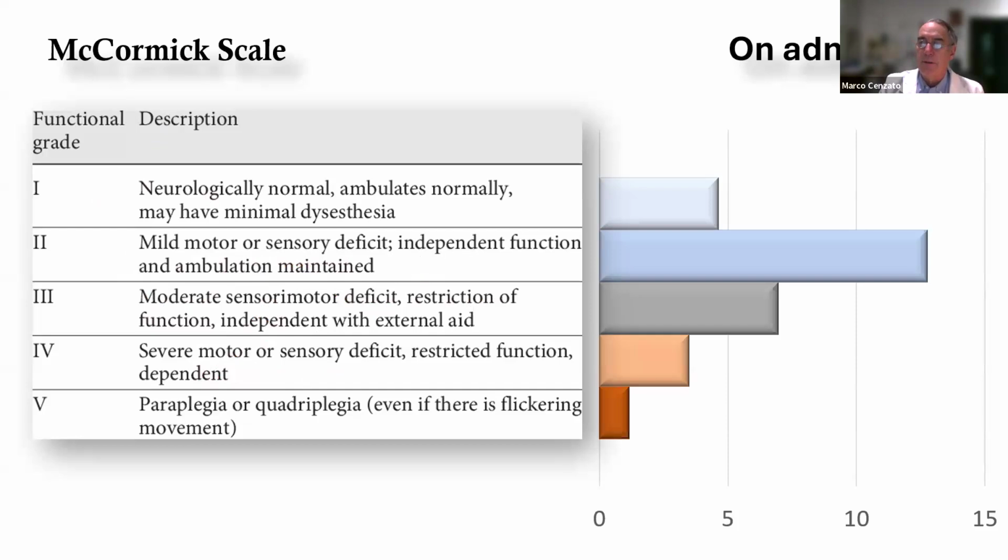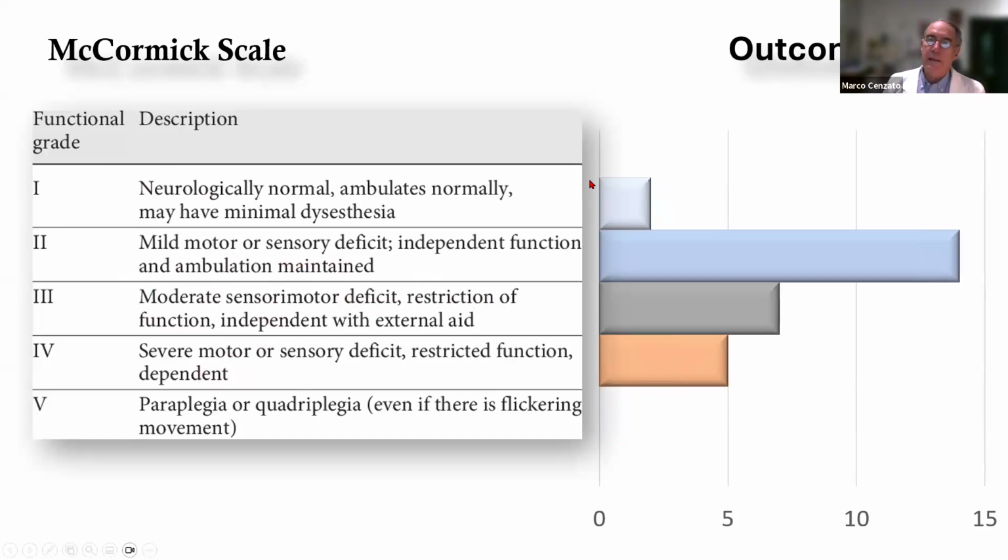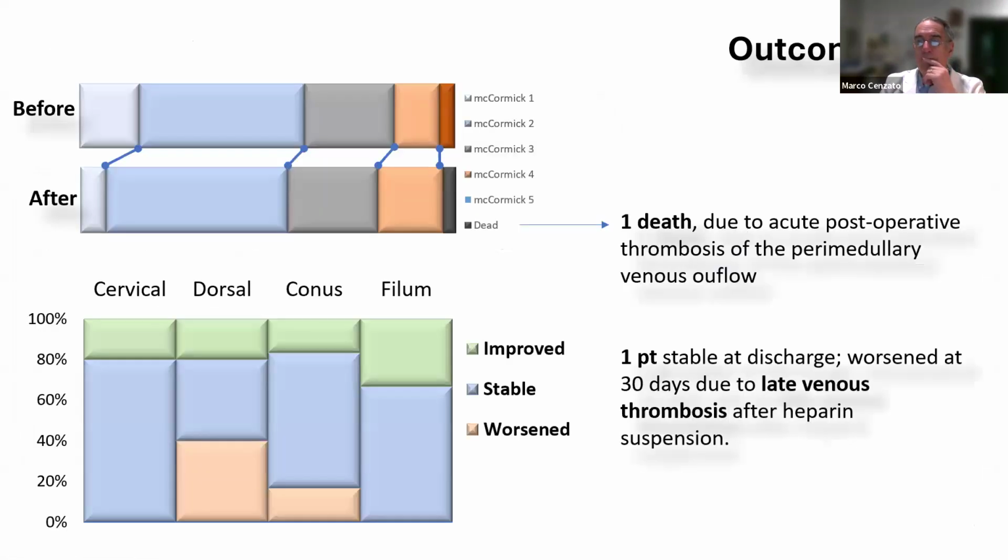But on discharge, it didn't change much. Of course, the completely neurologically normal were not present. Some of them still had some motor or sensory deficit. The paraplegic was the one that died, that I already showed you.